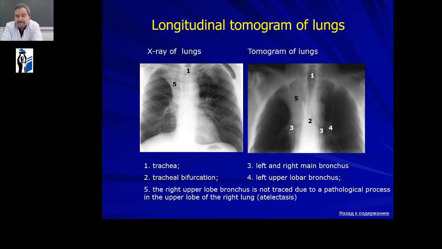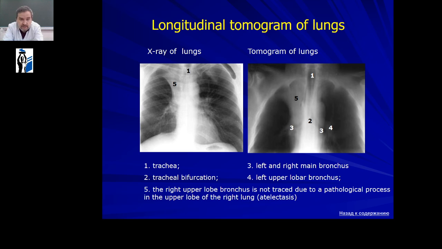On this picture, we can see X-ray of lungs and linear or longitudinal tomogram of lung. On the left side is X-ray of lungs, and on the right side is linear tomogram of lungs.